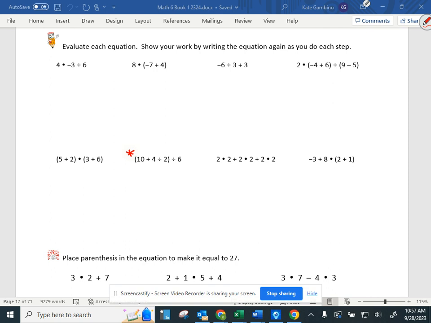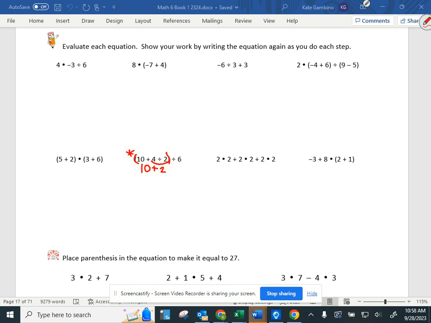Callie, what do you think? Divide 4 divided by 2. The first thing that we know we want to do is those parentheses, and then inside the parentheses, we have to follow our order of operations. So you are absolutely correct, Callie. We have to do parentheses, and inside that, we're going to do 4 divided by 2, which is 2. So that gives us 10 plus 2.